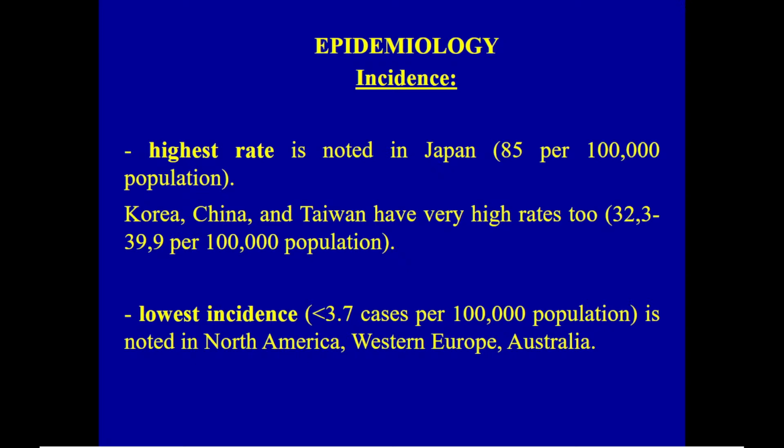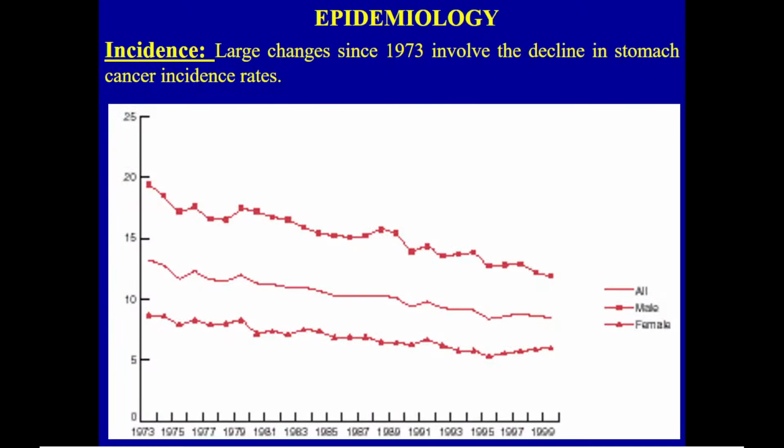The lowest incidence, less than 3.7 cases per 100,000 population, is noted in North America, Western Europe, and Australia. The large change since the 1970s involves the decline in stomach cancer incidence rate.